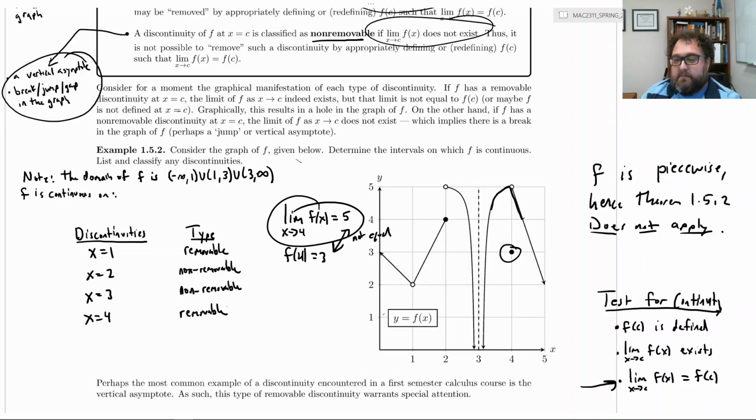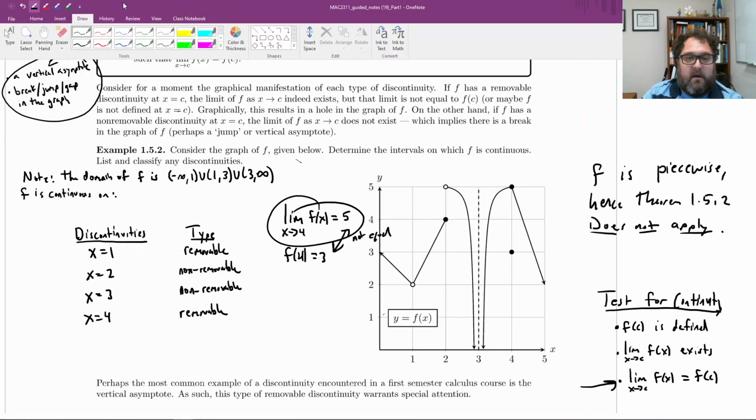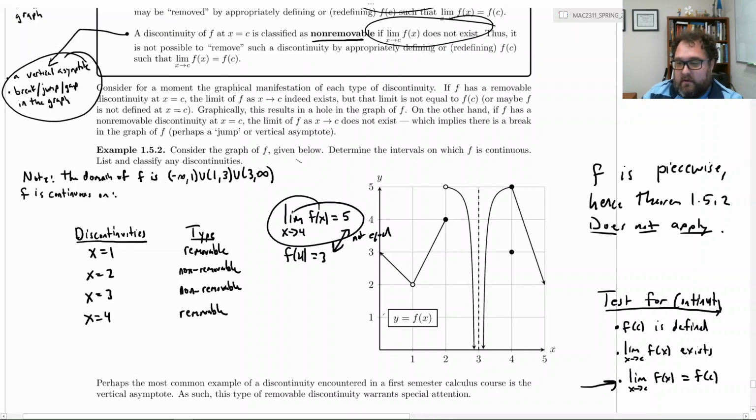Okay? So basically, when you have a hole, those are your removable discontinuities. And so we could, if we wanted to, redefine this piecewise function and put that dot right there and erase that dot, and then we would have a continuous function at x equals 4.